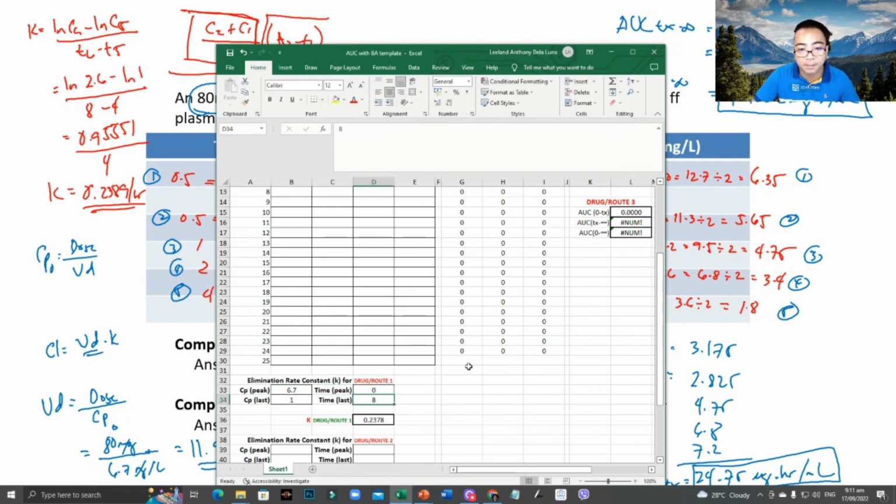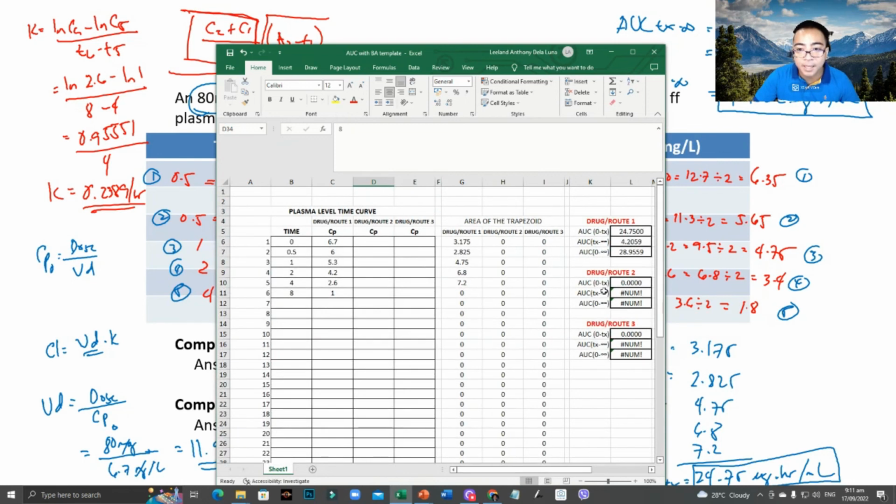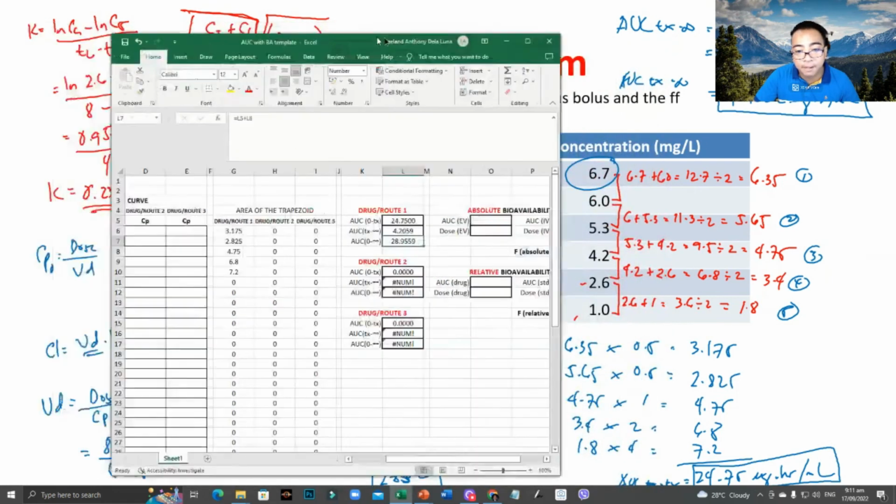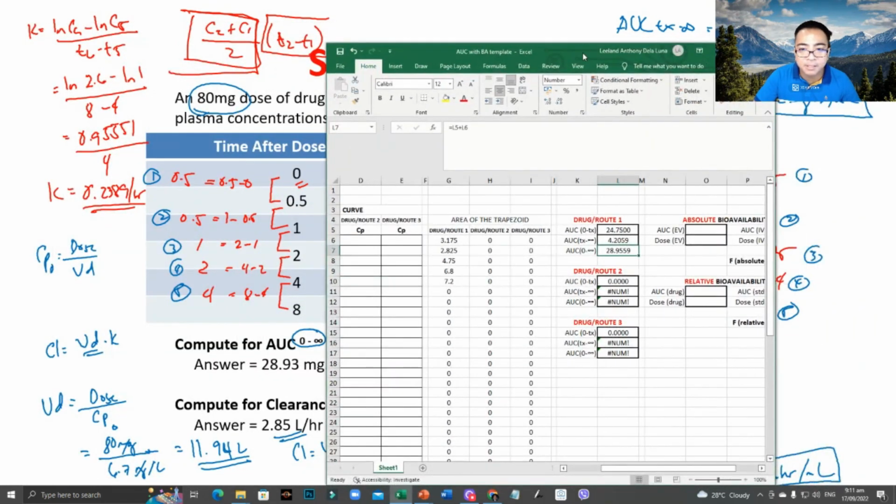Pretty much the same. Okay? And voila, class! Already, I have my answer, which is 28.9559. Pretty much the same, just a different value from what I used. But you get the same answer, right? So obviously, class, what I discussed for almost 30 minutes, I just did in a few seconds.